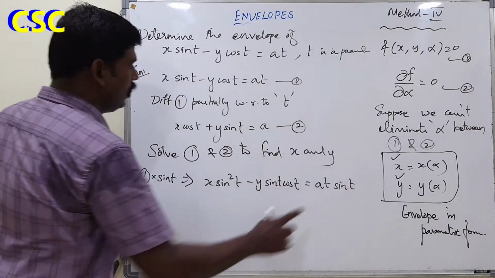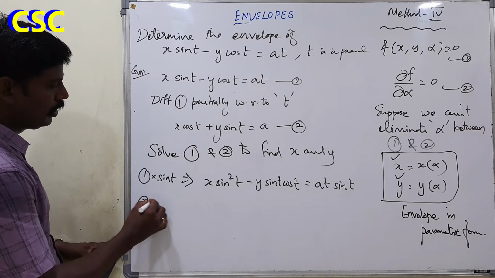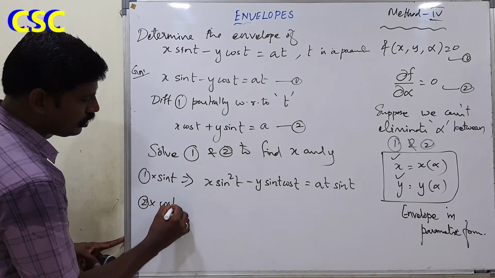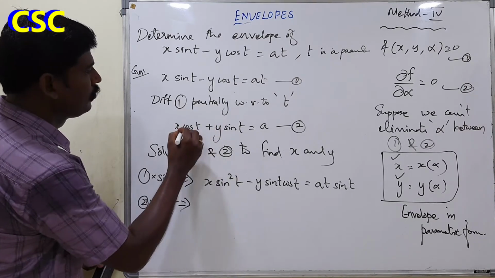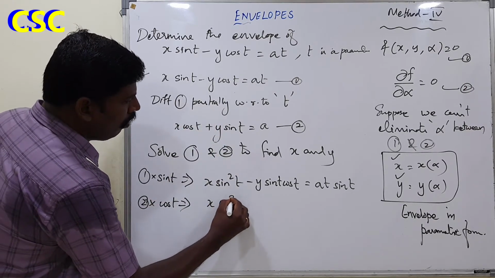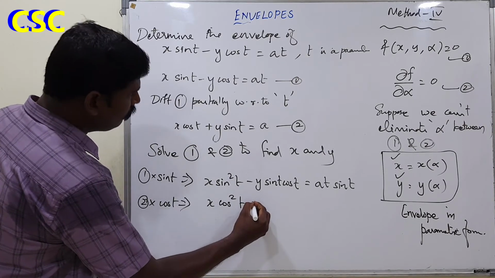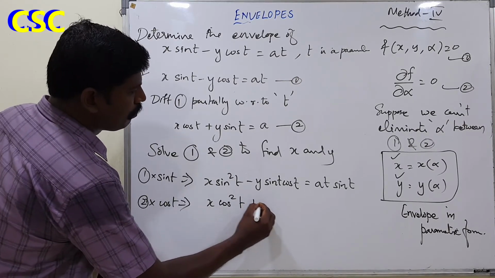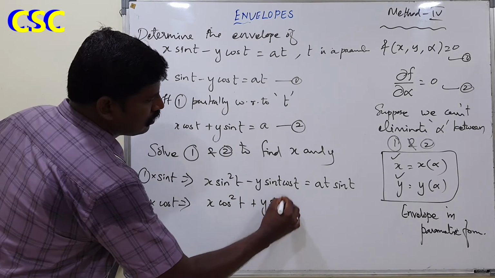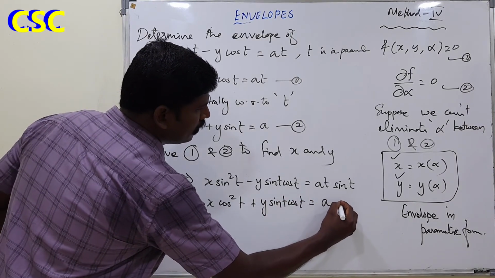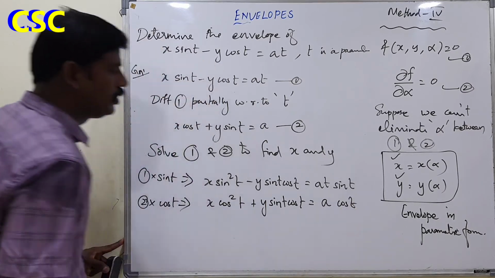I am going to multiply equation 2 with cos t. So 2 into cos t implies x cos squared t plus y sin t cos t equals a cos t.